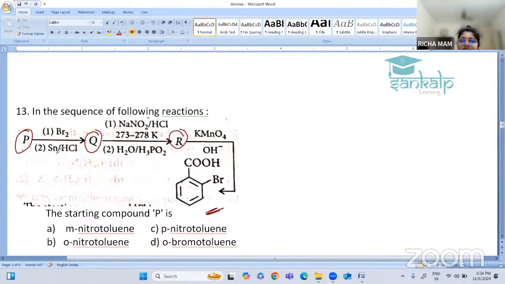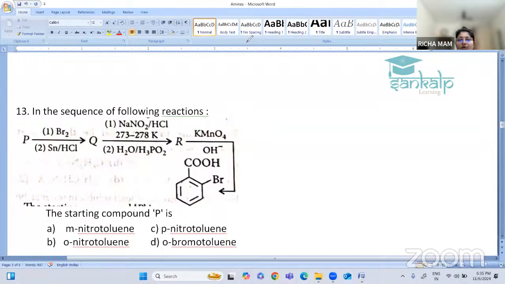So P, when it is reacted in the presence of Br2 and tin HCl, you get Q. Then Q, when you react it with NaNO2 in the presence of HCl at 273 to 278 Kelvin, followed by H3PO2 and water, you get R. R is further reacted with KMnO4 in the basic medium, and you get the final compound, right? So you have to find what is the starting compound P.